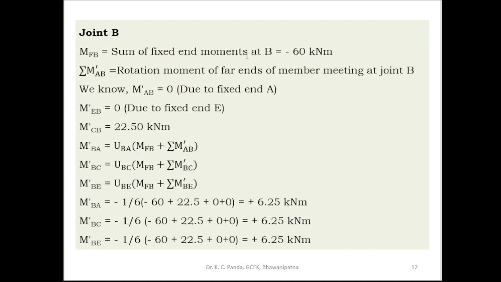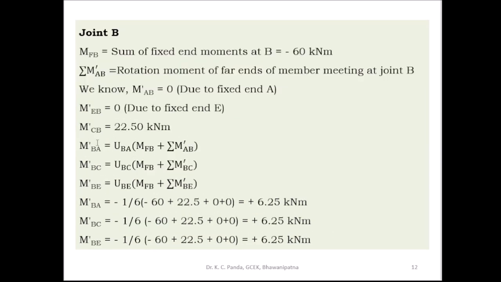MFB, the sum of fixed end moments at B, is minus 60 kilonewton meter, and the summation of M dash AB is the rotation moment of the far ends of members meeting at joint B. We know M dash AB is equal to 0 due to fixed end A, M dash EB is equal to 0 due to fixed end E, and M dash CB is equal to 22.50 kilonewton meter.